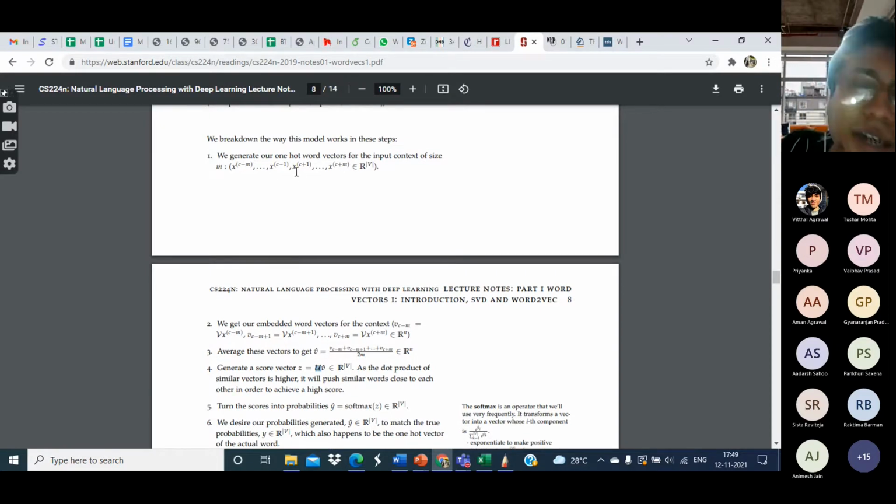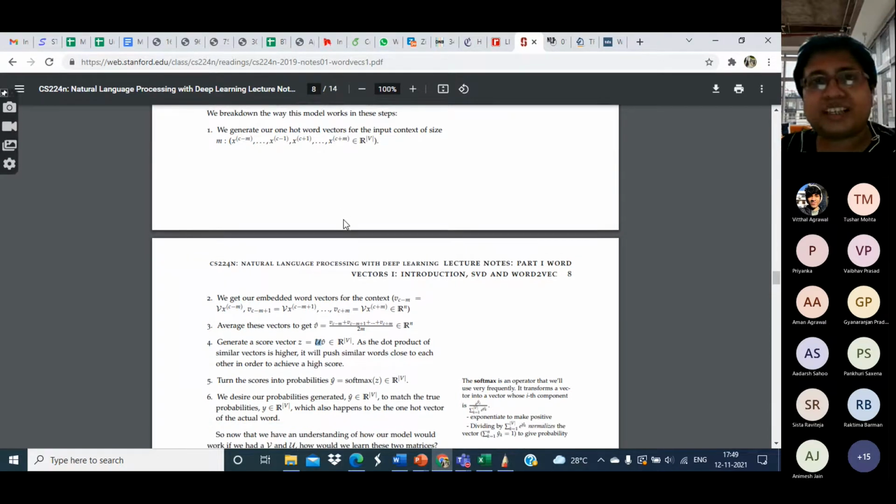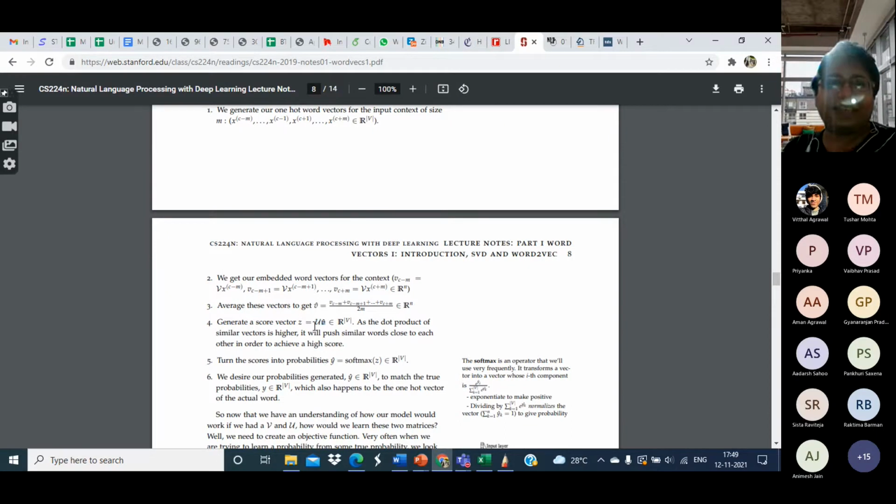Remember that the target word is XC, which we have kept aside, and these are all the context words. Using the context words, I am estimating this Z, a score indicating the probability of occurrence of every word in the vocabulary within the context of the target word XC.